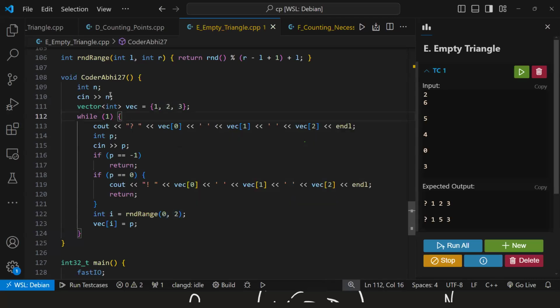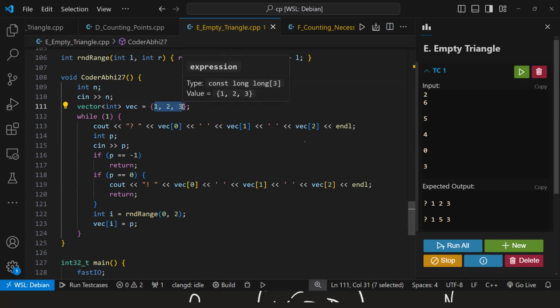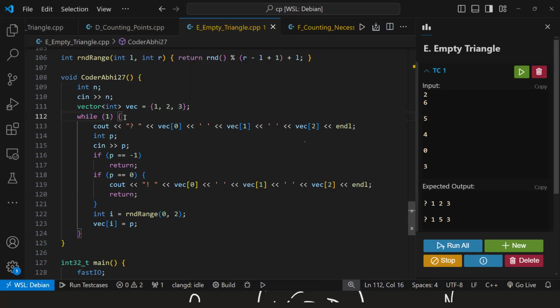After that, in my actual code, I read n, then I just create the first 3 points that I take: 1, 2, 3. I start with these 3 indexes initially as 1, 2, 3, whatever triangle that forms. And then I'm running an infinite while loop. Then I do a query with these 3 points.